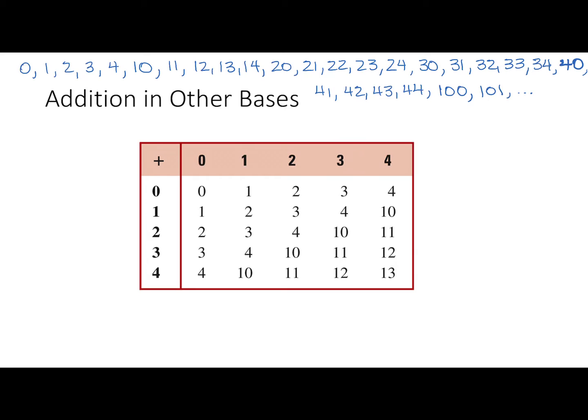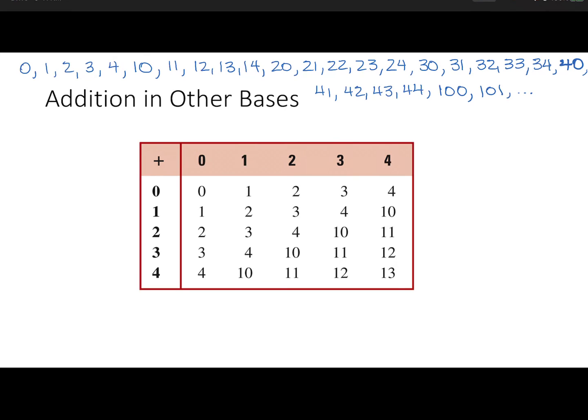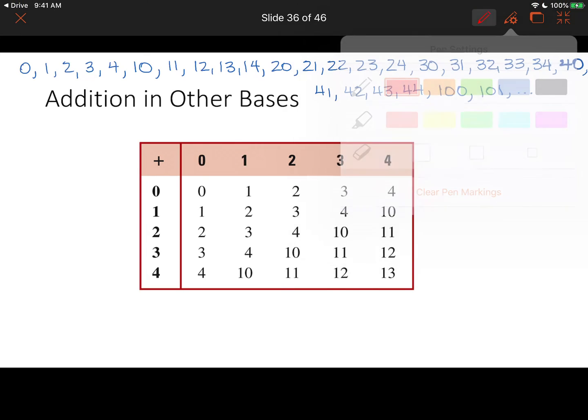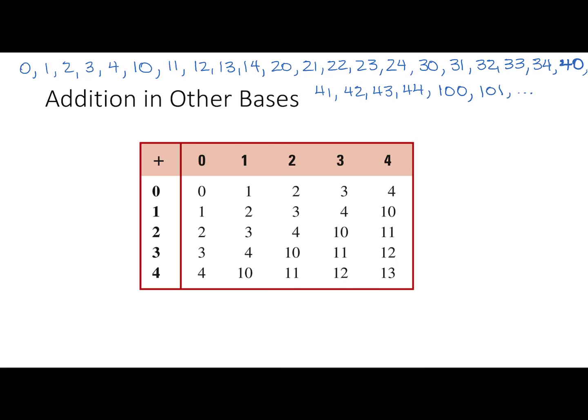So I've got the numbers written out, and if I wanted to add, say, 4 plus 2, I could, or counting on even, let's do that. I could do 4, and I want to count on 1, 2. That gives me 1, 1, right? So 4 plus 2, if I'm reading the table, here's 4, and here's 2. I'm going to read column and row, and so 4 plus 2 is 1, 1.